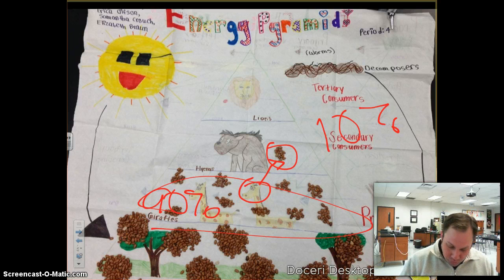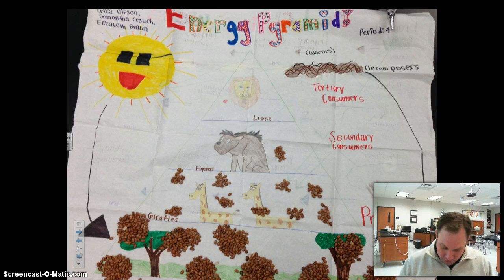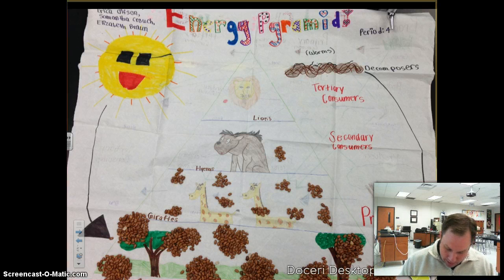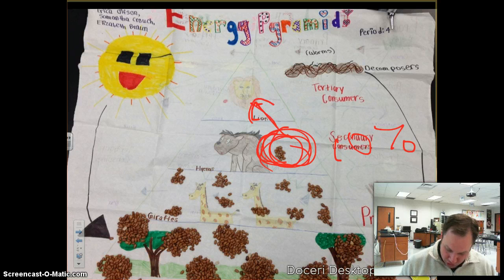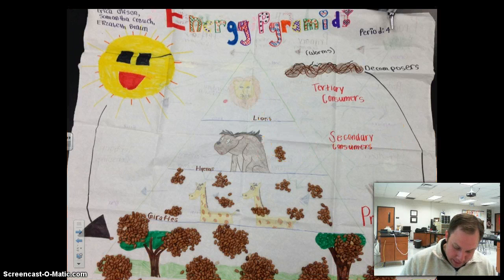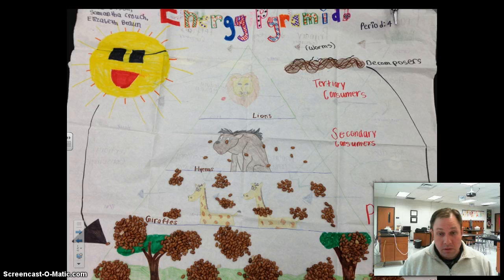Now, you're probably starting to see the trend here. I'm going to take this one pile and take 10% of that pile, and I'm going to move it up to the tertiary level. So if I take that pile, which is 10 beans, and divide a pile of 10 beans into groups of 10, it'll only be one in each group.